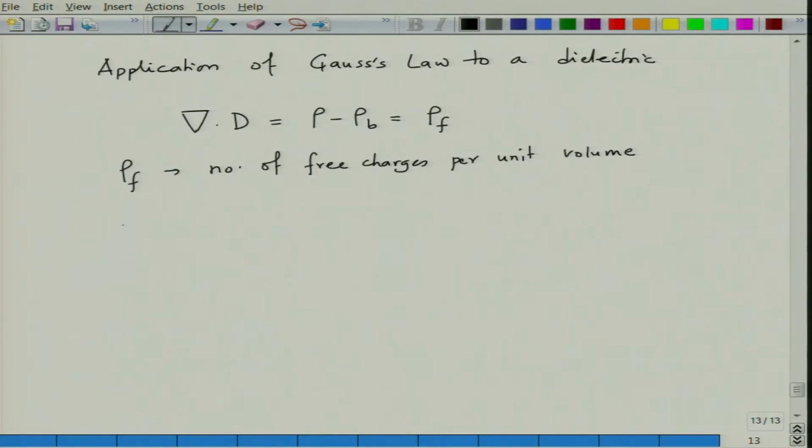Rho_b is essentially the density of dipole bound charges. Okay.